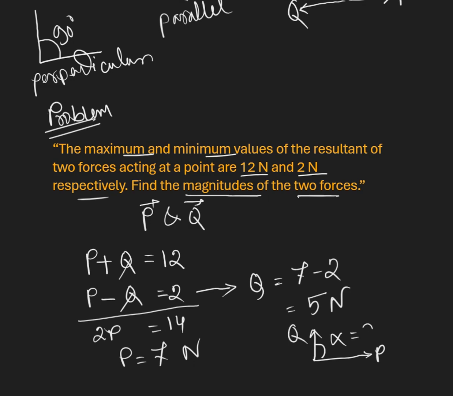If we have got the value of alpha, then we have to have the value of the resultant, right? By the way, what is the value of the resultant here? Of course, R is equal to 7 plus 5, so this is 12, right? So this is the resultant value.